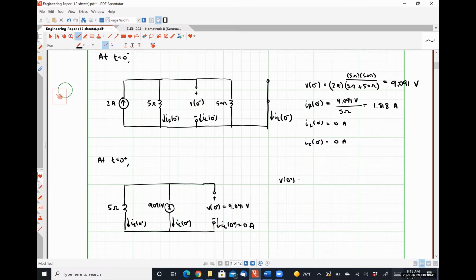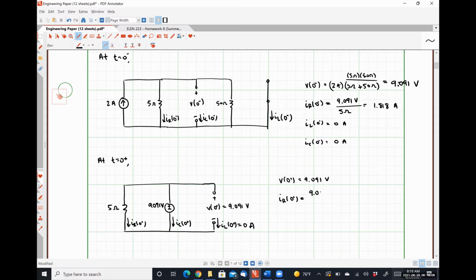V at 0 plus is equal to 9.091 volts. IR at 0 plus is going to be 9.091 divided by 5, right?